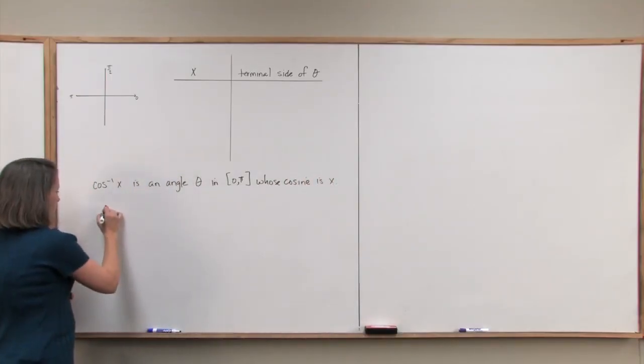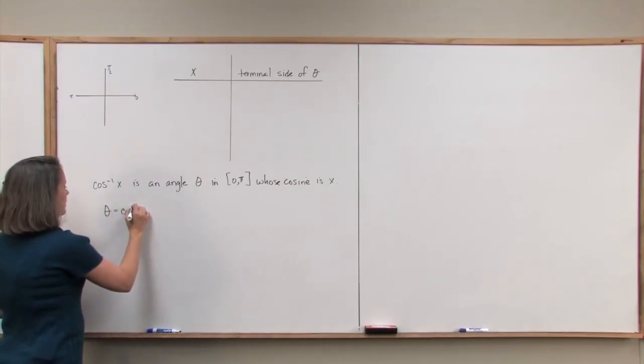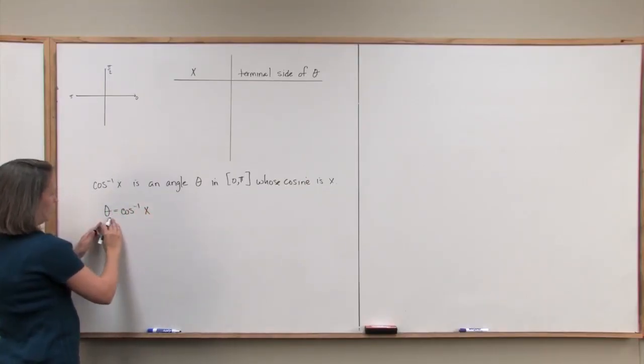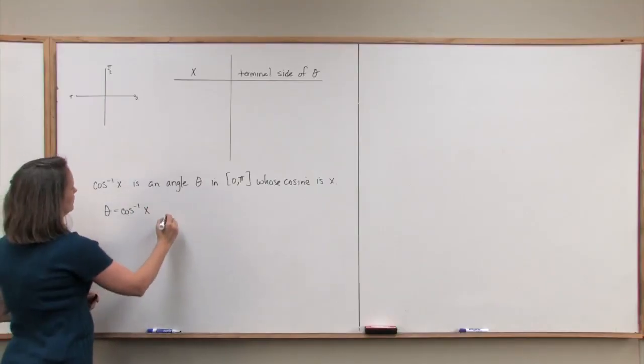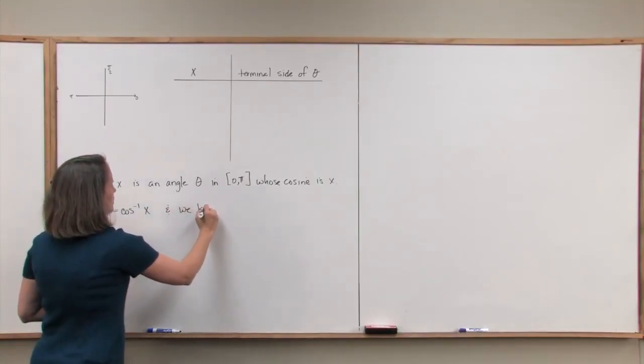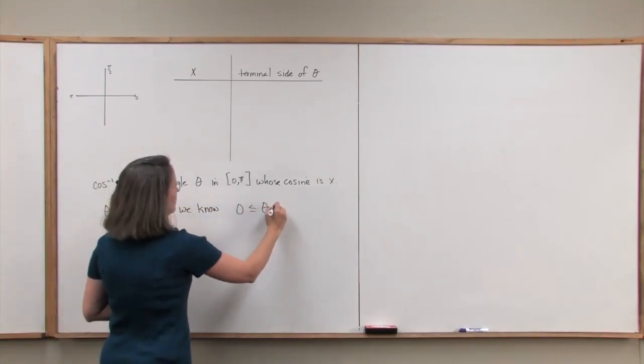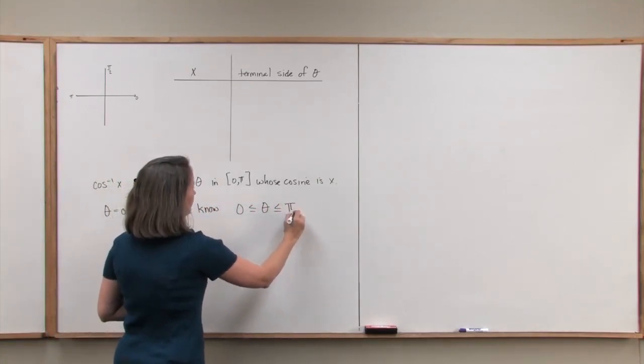So we're going to write this again a little bit differently. Theta is the inverse cosine of x, and we know that 0 is less than or equal to theta is less than or equal to pi.